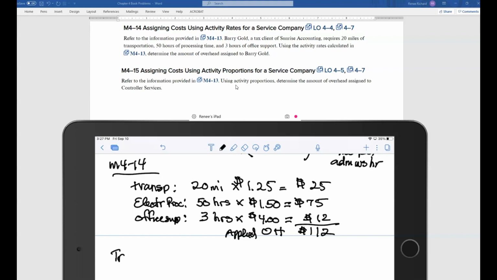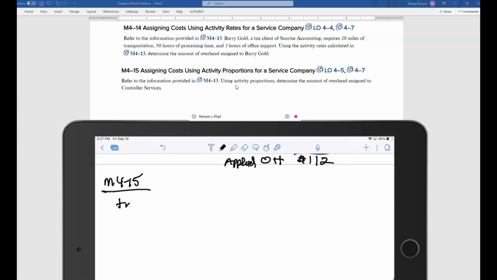So transportation, oops, let me relabel this. M4-15. Transportation.